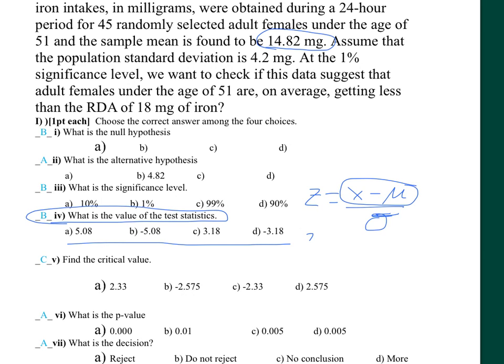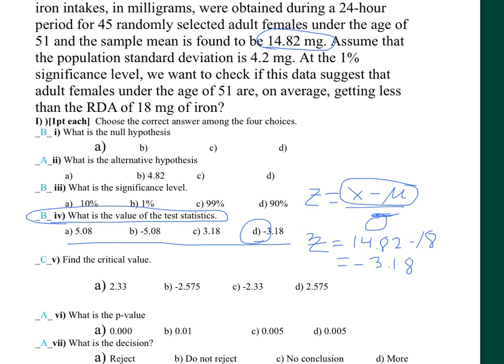And so for our Z-score, for our test statistic, what we're doing is comparing our 14.82 to the 18 that they're suggesting, and we would get negative 3.18 when we subtract those. So I'm going to suggest that D should be the correct answer there. I'm not really sure why B is there.